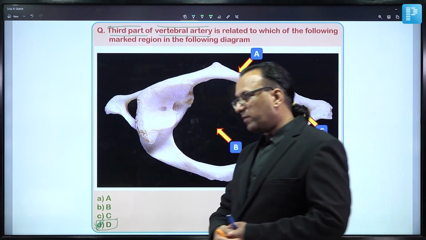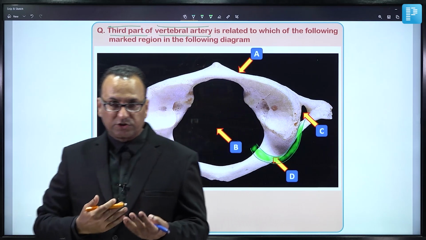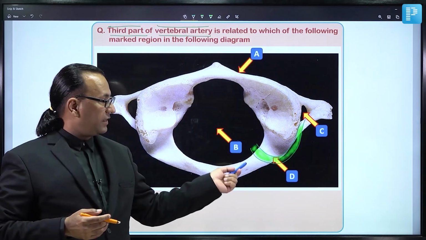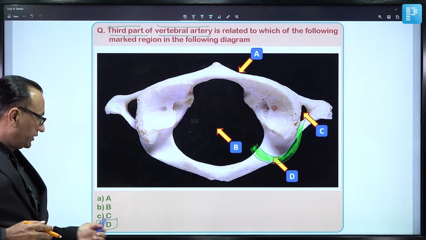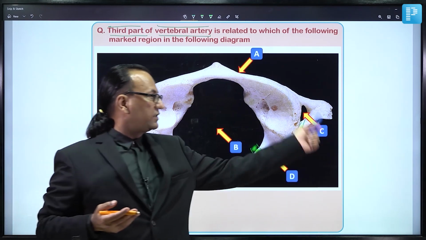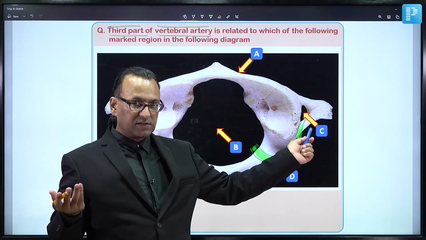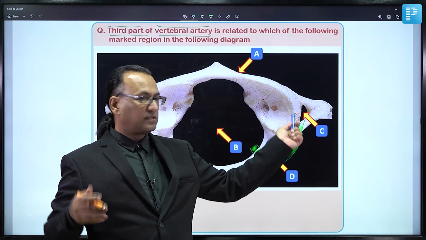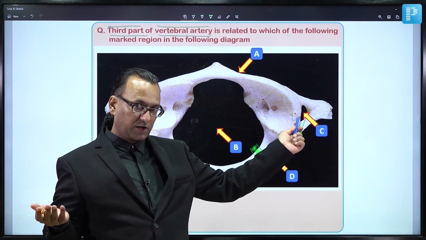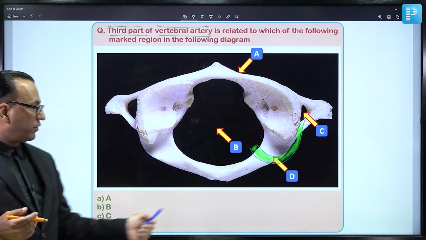That means in the foramen transversarium, it is the transition zone. You can mention this also as your answer. Choice number D is obviously your answer, which if not given, you may take choice number C as well, since choice number C has the second part of vertebral artery converting itself into third part of vertebral artery. Let me give you some more details.